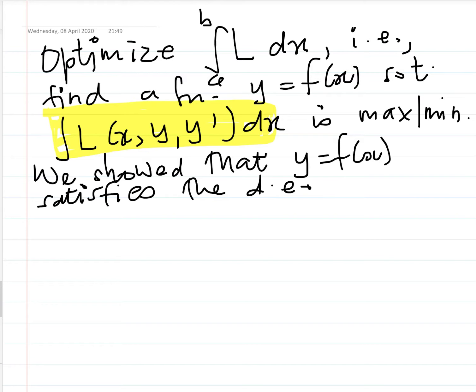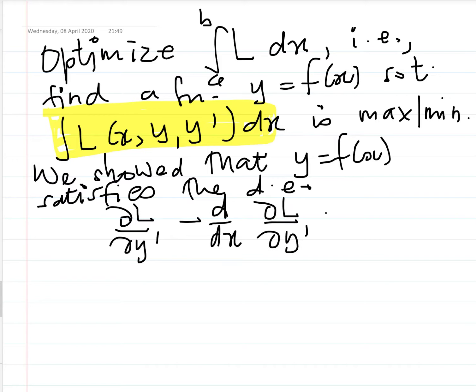So it satisfies the differential equation: partial dL by dy, minus the total derivative with respect to x of the partial derivative of L with respect to y dashed, equal to 0. And this equation we called the Euler-Lagrange equation. Sometimes we call it the Euler equation.